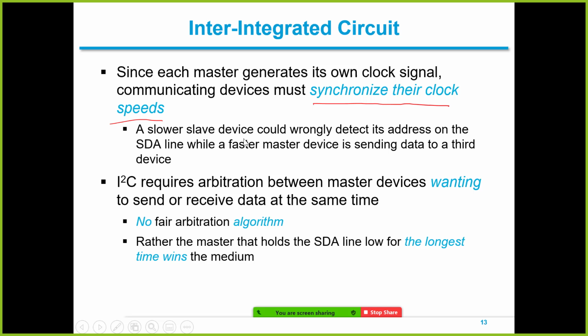A slower slave device could only detect this address on the SDA line, while a faster master device is sending data to a third device.